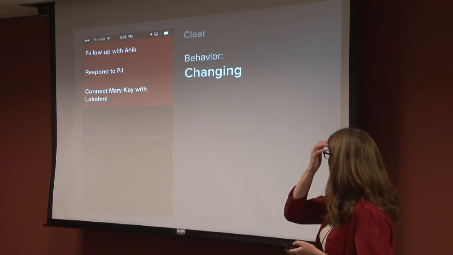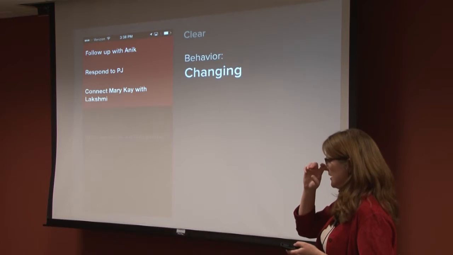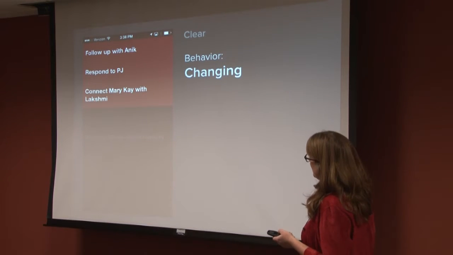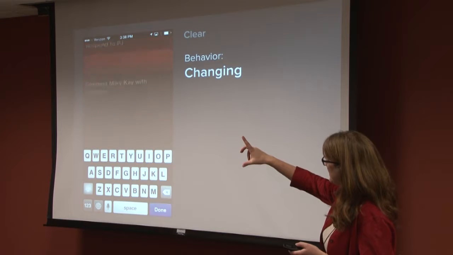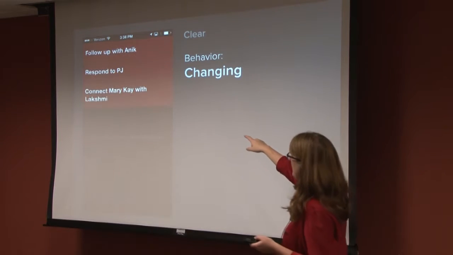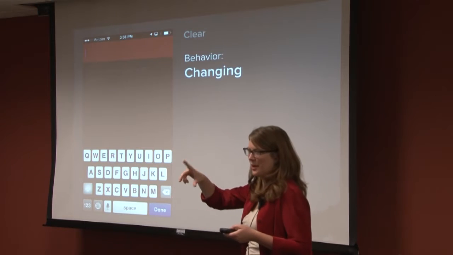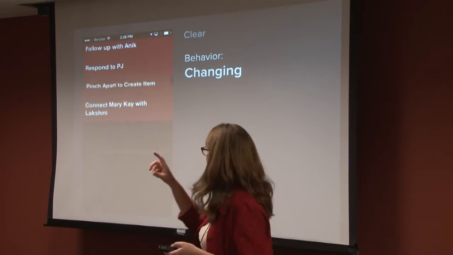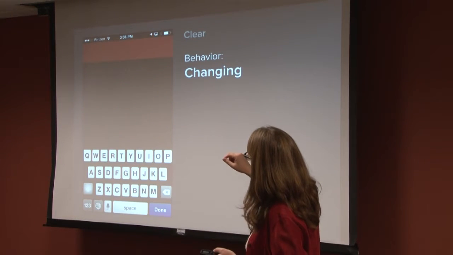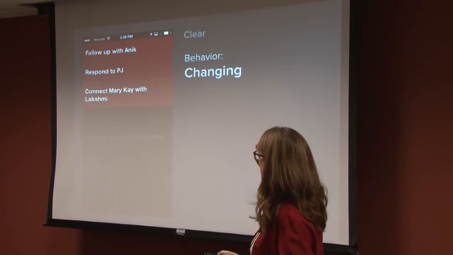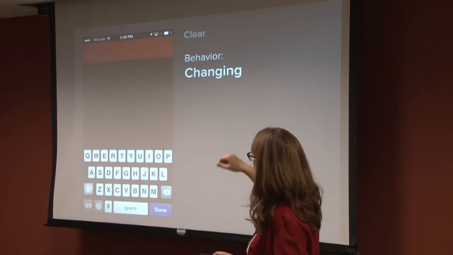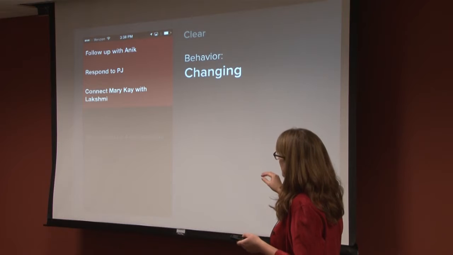Back to Clear. One of the nice things about Clear with changing as well is, did you notice what happens in this space as I'm changing? Basically, it's giving help text right in the moment as you're doing it. So it says spread to create item and then release to create item, or pinch apart and then release. So the instructions are right there.